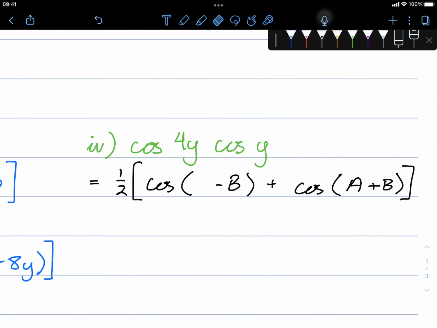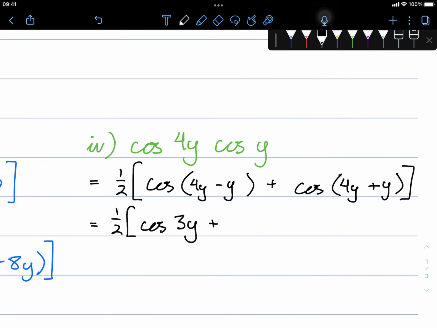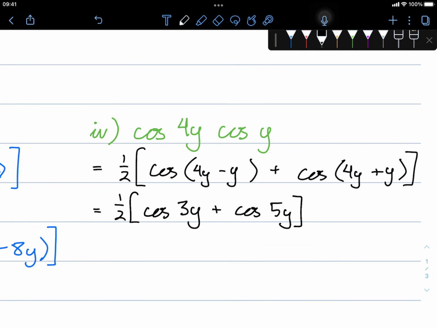Now once again, instead of a and b, it's going to be the values shown here. It's going to be 4y minus y and 4y plus y. Simplifying this, we get cos of 3y plus cos of 5y. And we'll just leave it at that.